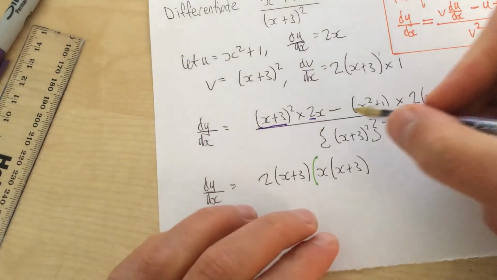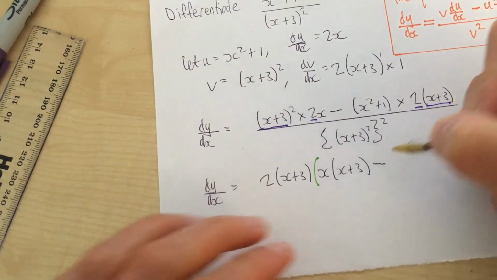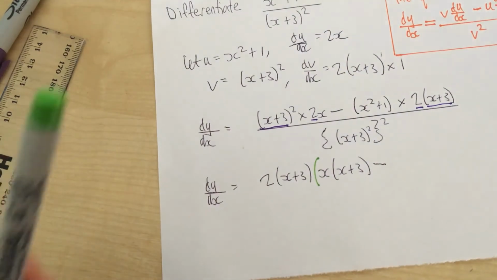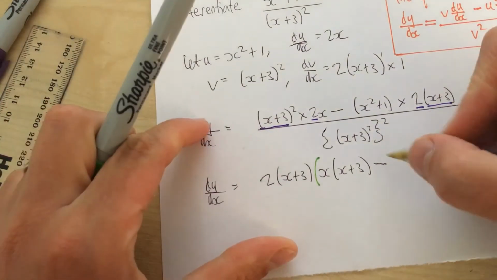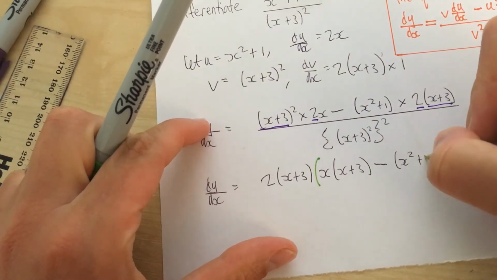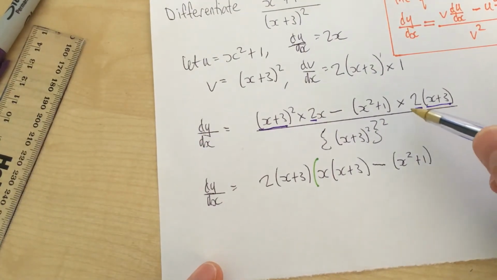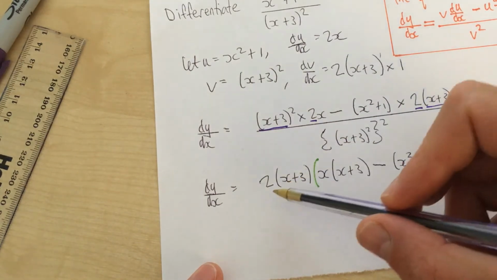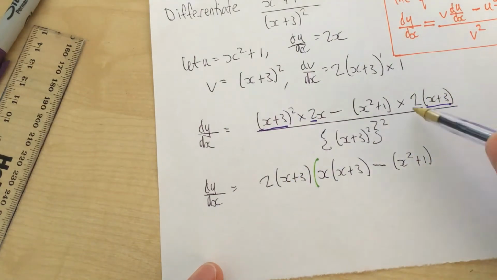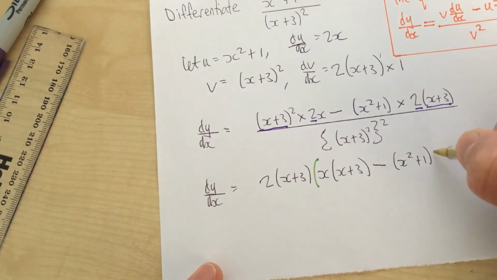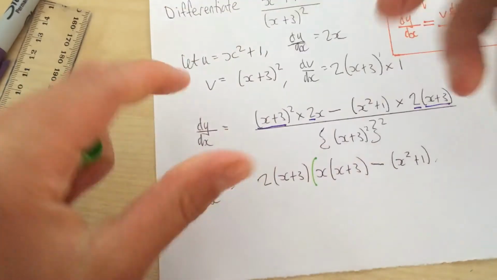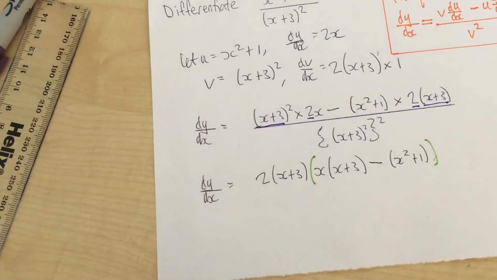Great. And take away, I've still got this term here, the x squared plus 1 term. But this bit here becomes just 1. The 2 brackets x plus 3 is there, so if we take that as a factor, it just becomes 1, and that's the end of the green brackets.